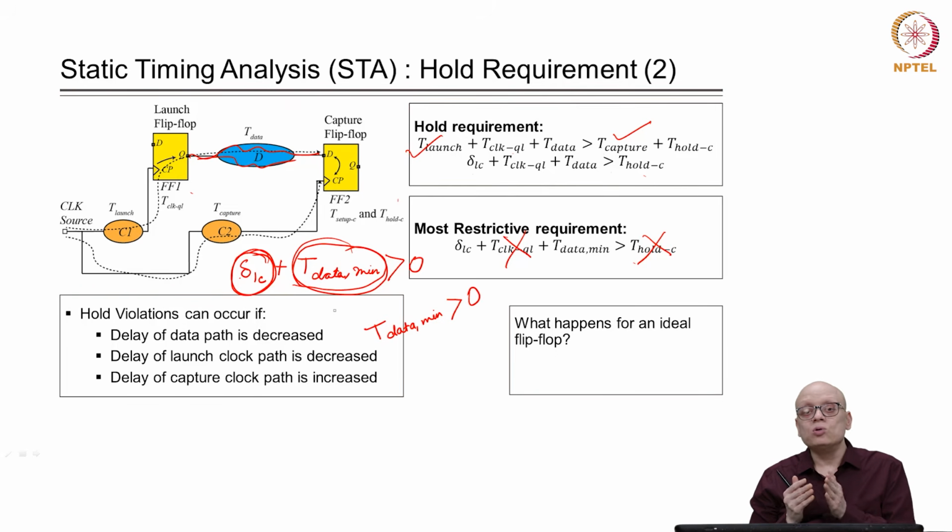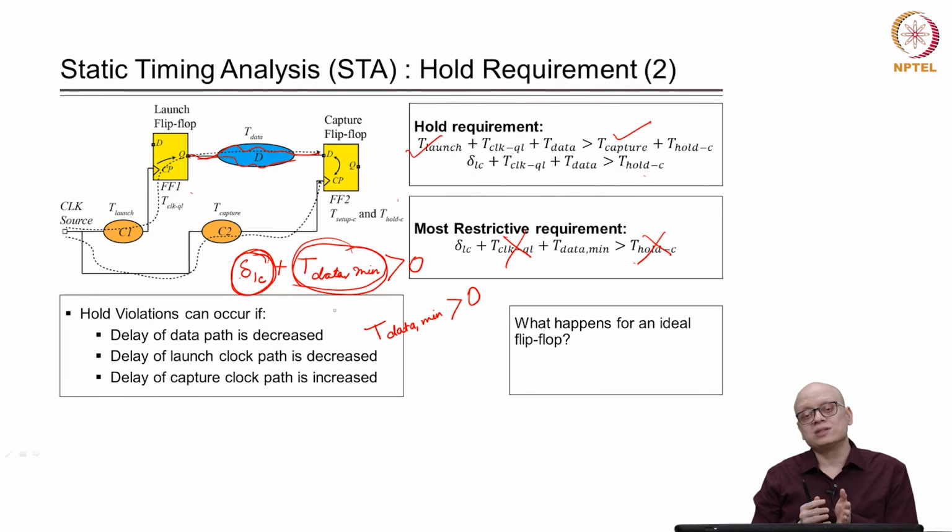Why? Because the hold check depends a lot on the clock skew, and that picture we get only when we have done clock tree synthesis or we are into the physical design.